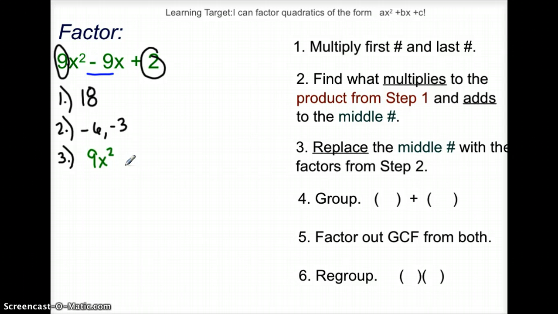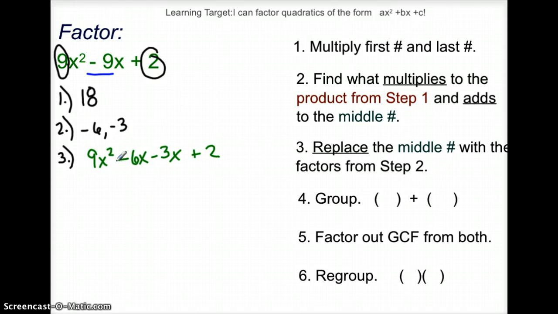Usually you add like terms together if they share a common variable, but I'm actually going to break this -9 up. I'm going to write it as -6x minus 3x. So I'm doing the opposite of combining like terms. I'm breaking it back up. And then plus 2. And now you know where I got these numbers, right? The -6 and the -3 came from my step 2.